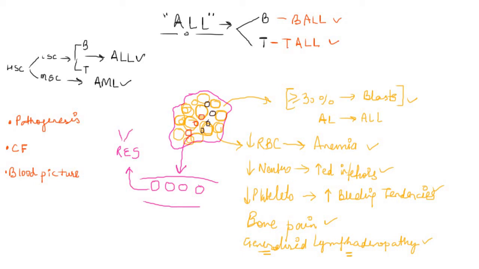So they will go into the spleen, liver and the lymph nodes. As a result of this, there would be enlargement of the spleen, which is termed splenomegaly.